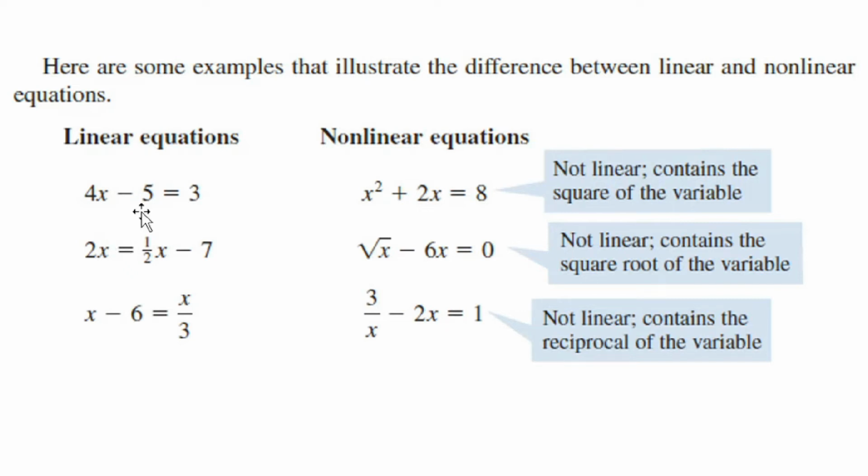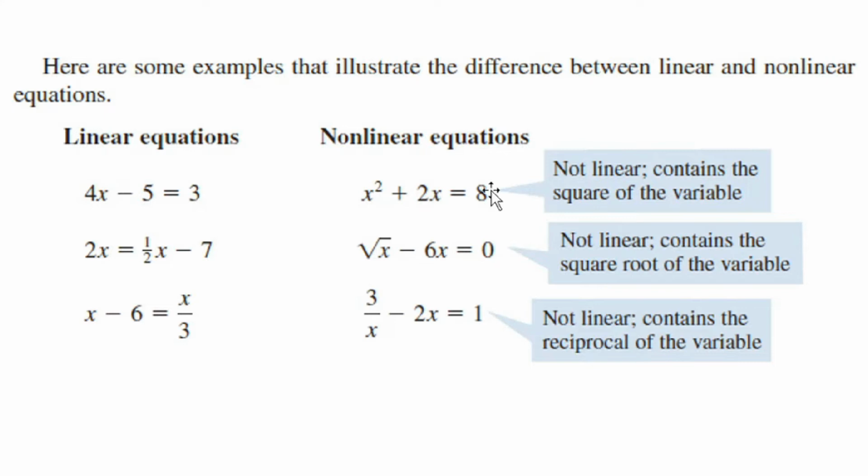We have 4x minus 5 equals 3, 2x equals 1 half of x minus 7, and the third example is x minus 6 equals x over 3. And for the next column, we have non-linear equations. Number one, x squared plus 2x equals 8. Square root of x minus 6x equals 0. 3 over x minus 2x equals 1.